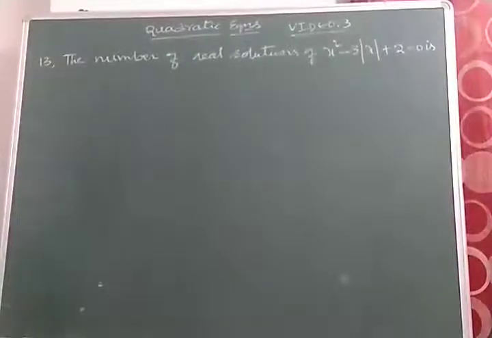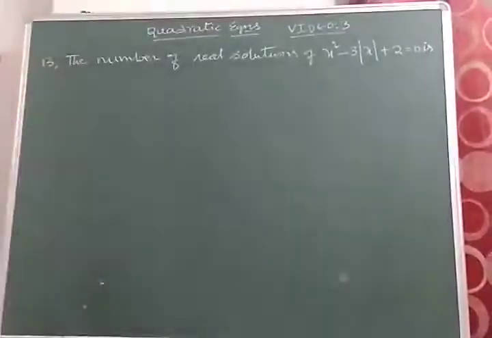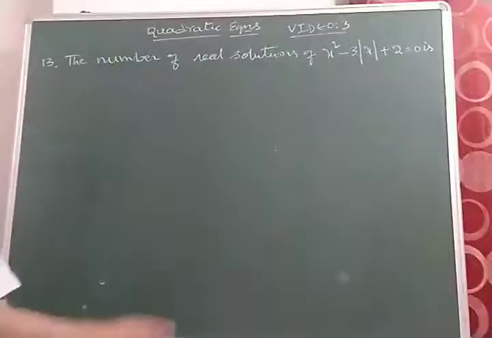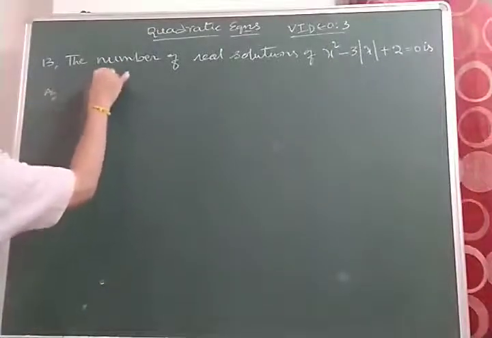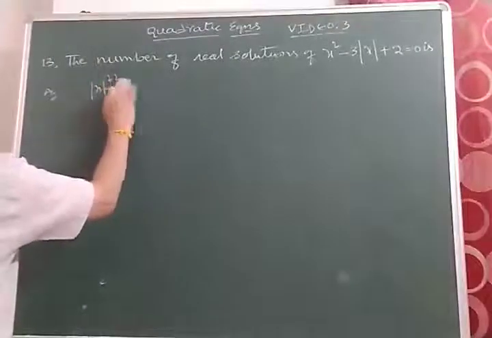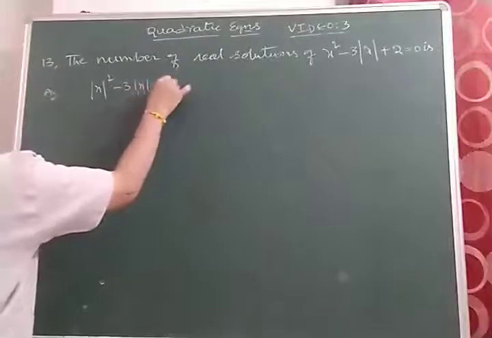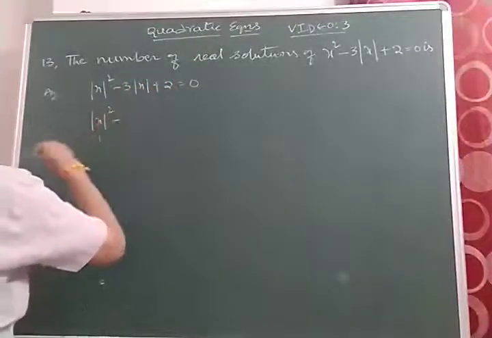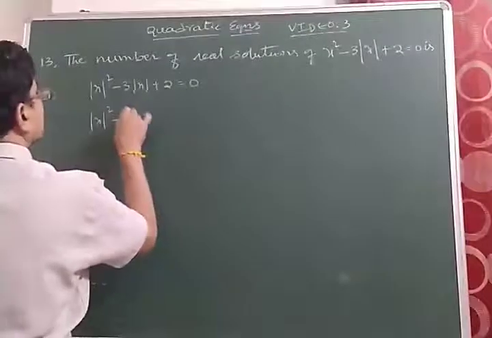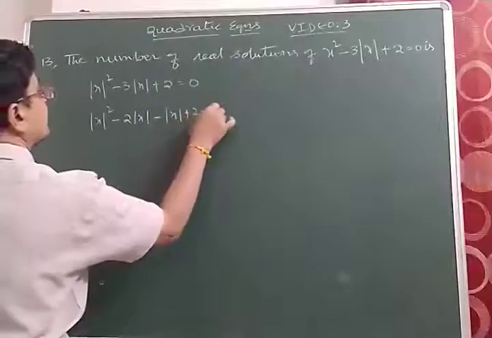Question number 13. The number of real solutions of x square minus 3 mod x plus 2 is equal to 0 is? So that can be written as mod x whole square minus 3 mod x plus 2 is equal to 0. So mod x whole square minus 2 mod x minus mod x plus 2 is equal to 0.